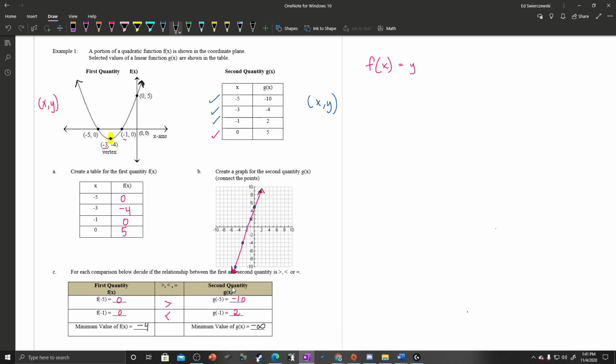So if the minimum is negative infinity, well, which one has a greater minimum? Well, negative 4 is larger than negative infinity. All right.